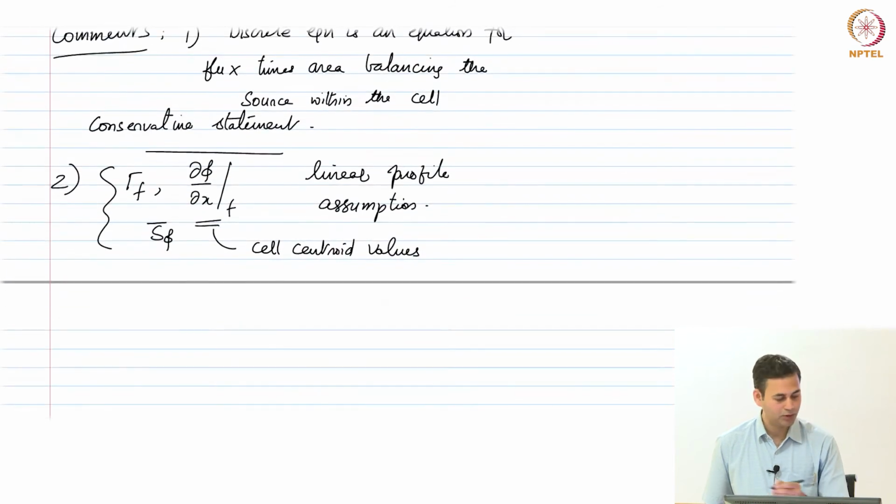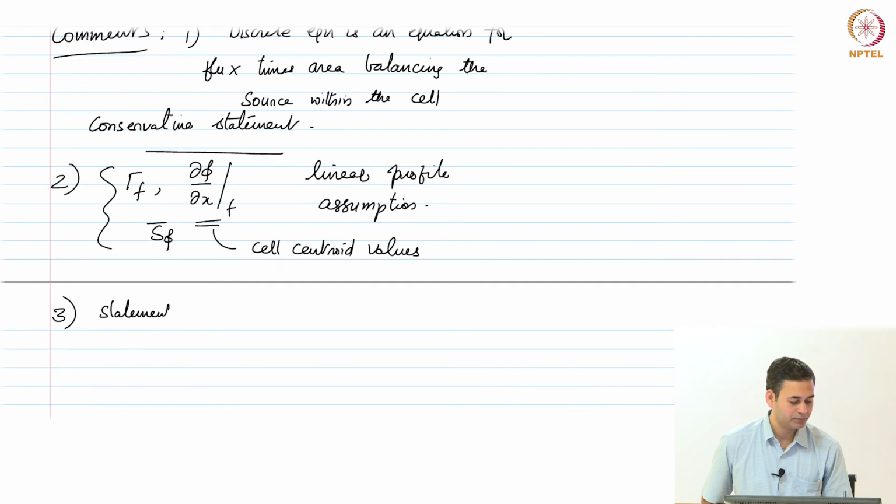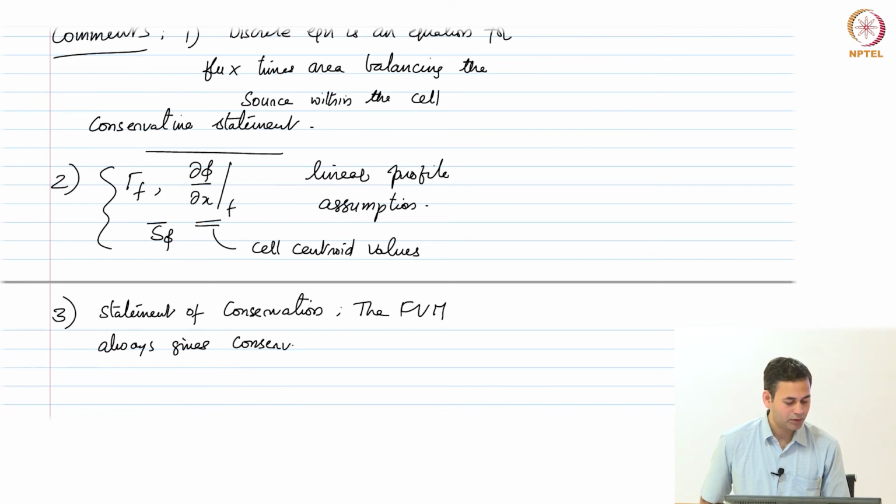Fine. Now, because we have a statement of conservation, the finite volume method always gives conservation irrespective of mesh density.